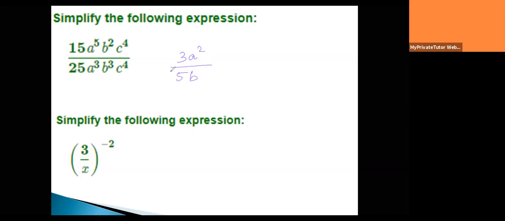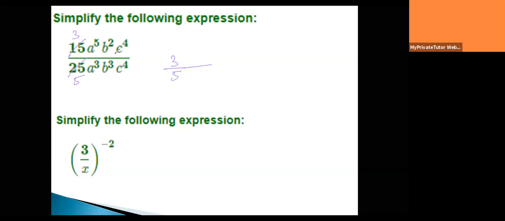Okay. See, we have a 15 and 25, right? So what is the common term? We can divide both 15 and 25 by 5, isn't it? So 5 3s are 15, 5 5s are 25. And then we have a power 5, a power 3 in the denominator. So that becomes 3 over 5.